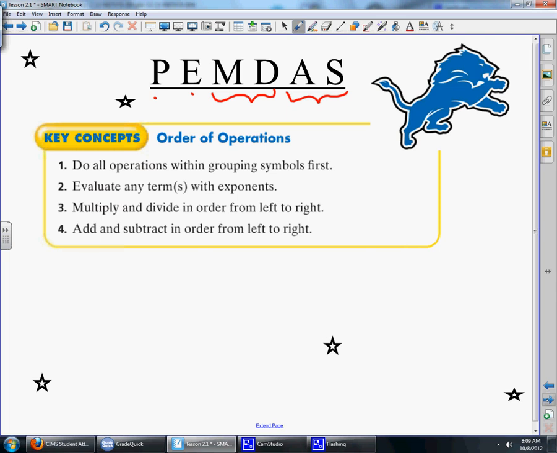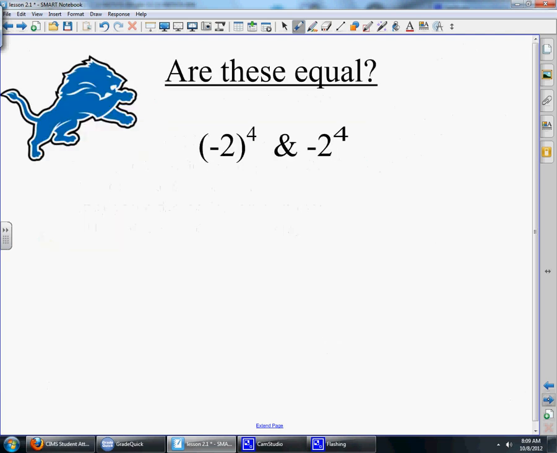So the first thing that you're going to do, copy this in your notes, do all operations within the grouping symbols first. The grouping symbols are going to be parentheses or brackets or the fraction bar. Evaluate any terms with exponents, then you're going to multiply or divide in order from left to right, and then you're going to add or subtract in order from left to right.